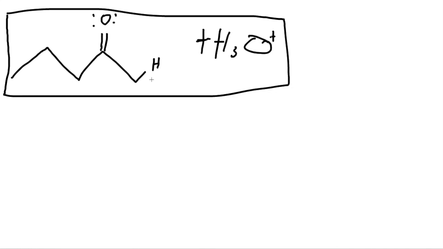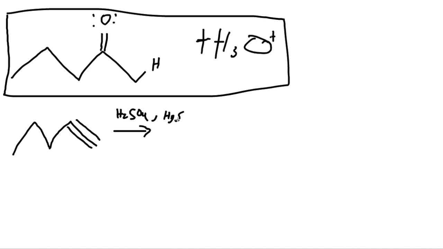Okay, so we started with the enol, right? So you might ask where I got this structure from. So we had this original structure, an alkyne, and it was reacted with H2SO4, comma HgSO4, okay, and this is all over water.